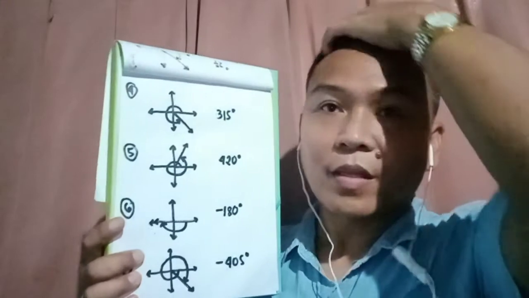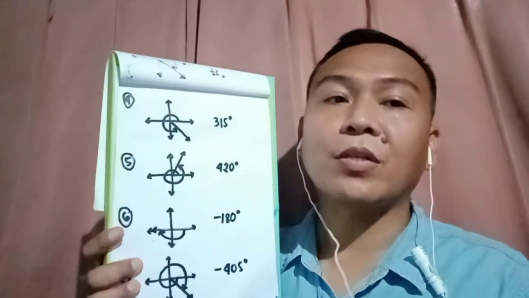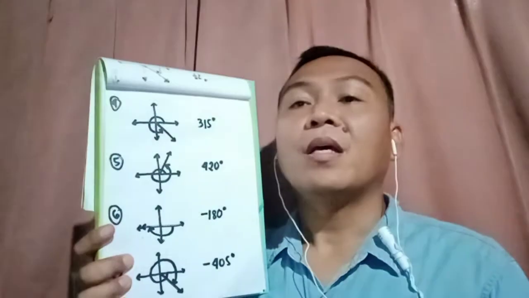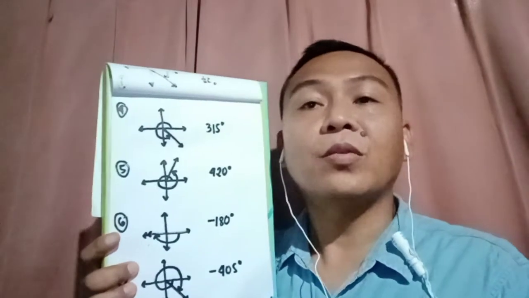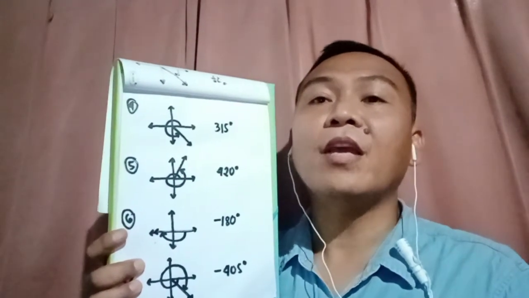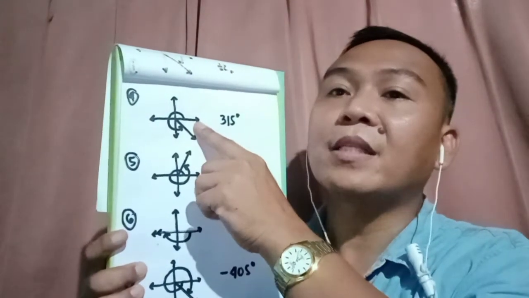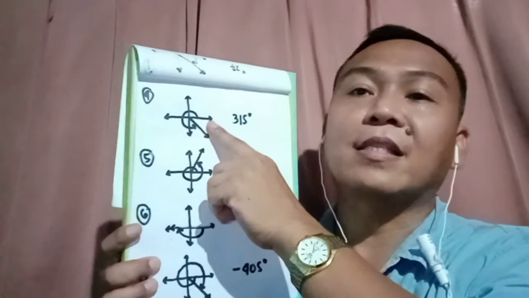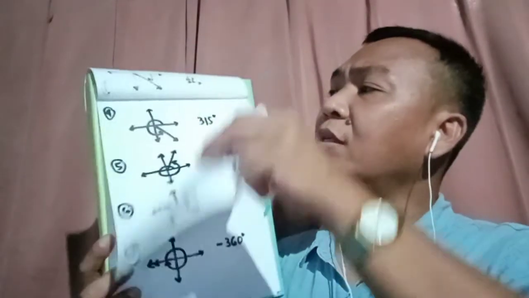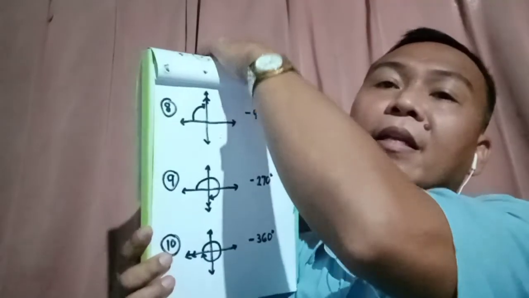Therefore, that is in standard position. Another condition for an angle to be considered in standard position is that its initial side is at the positive x-axis. How about numbers 8 and 9?